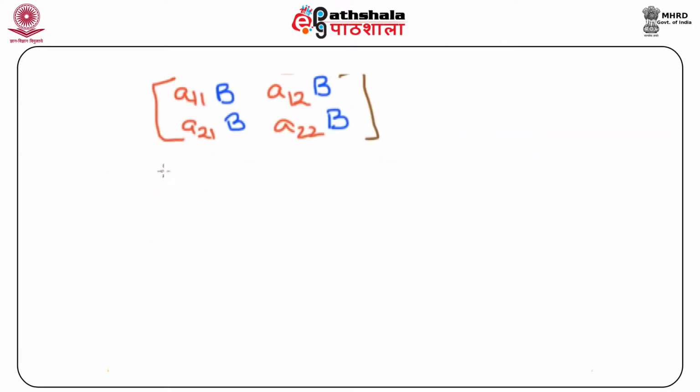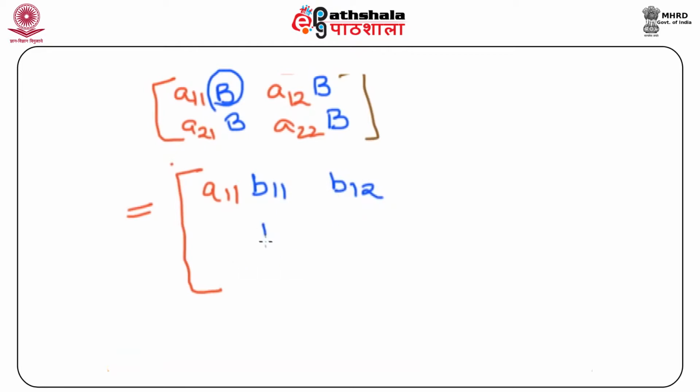We take this earlier expression and expand it. The direct product of A and B will be A11 with, in place of matrix B, B11, B12, B21 and B22. That is, with A11 we have multiplied the entire matrix B, and this comes in this position.